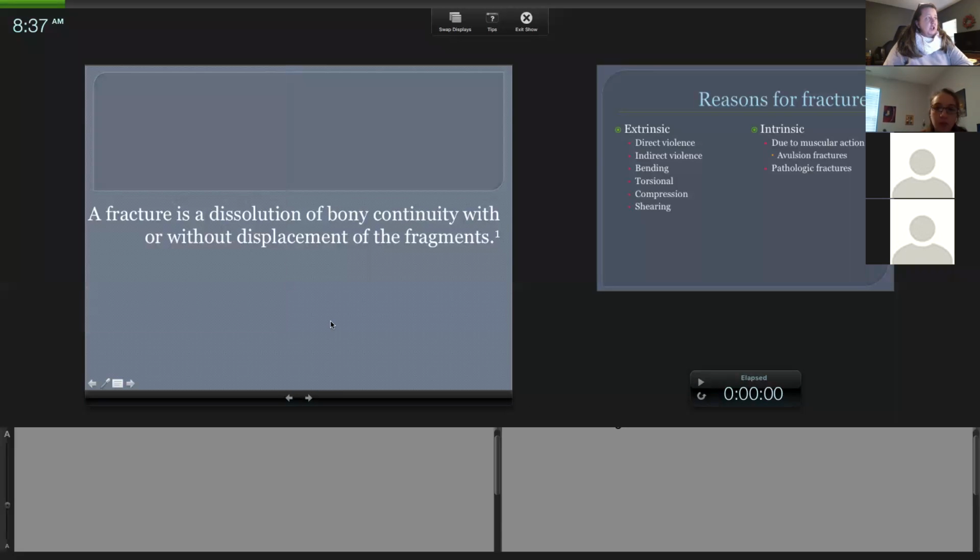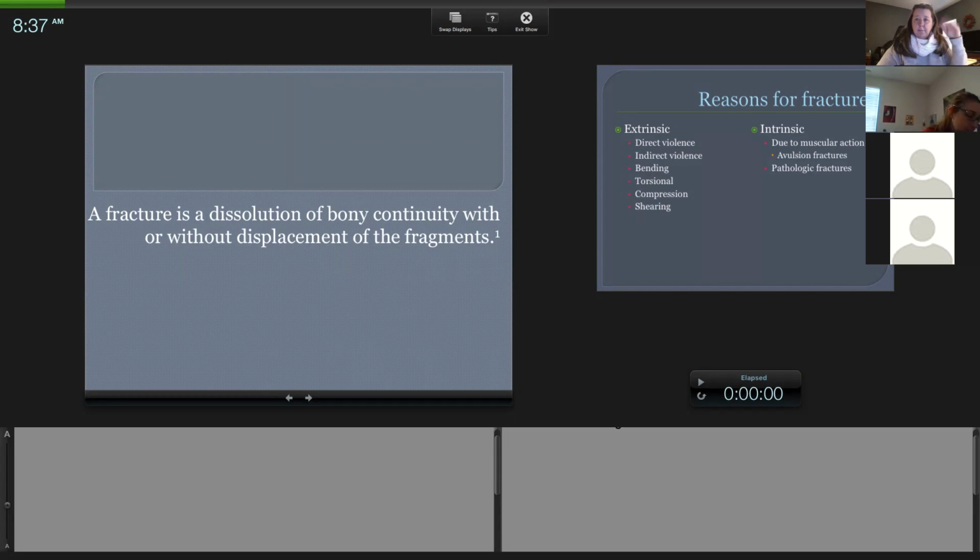But the definition of a fracture is literally the dissolution, or think about dissolving, of bony continuity with or without displacement of fragments. So if we think about a bone, you should be able to look at a bone and trace its form, and it should be continuous.